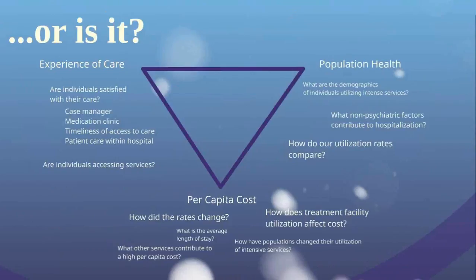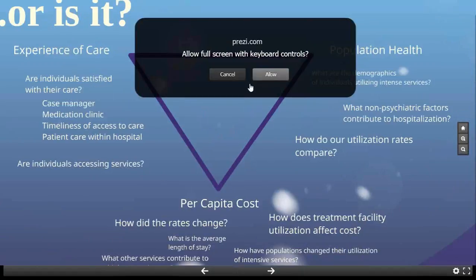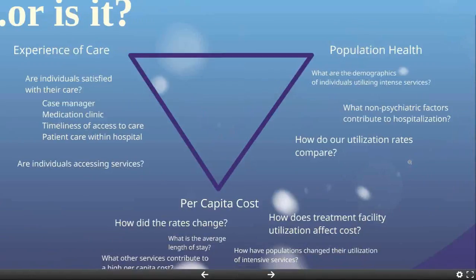And so we took the triple aim and applied it to this problem of high expenses with psychiatric hospitalization, and tried to break it down to say, okay, where is the experience of care? With the experience of care, first of all, are individuals satisfied with their care?